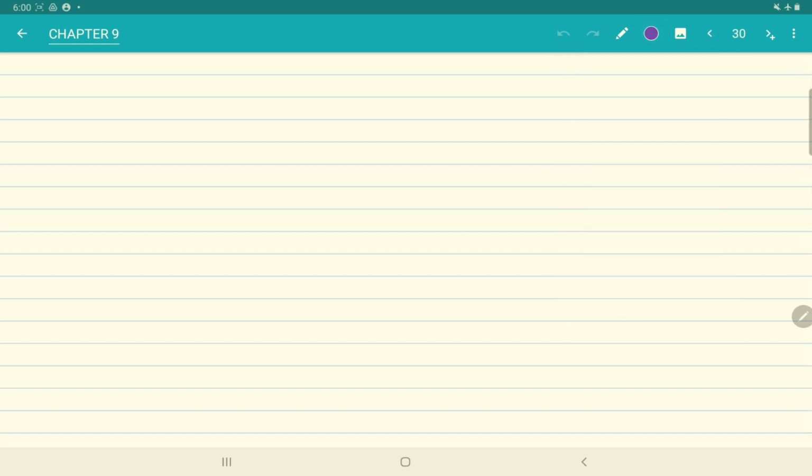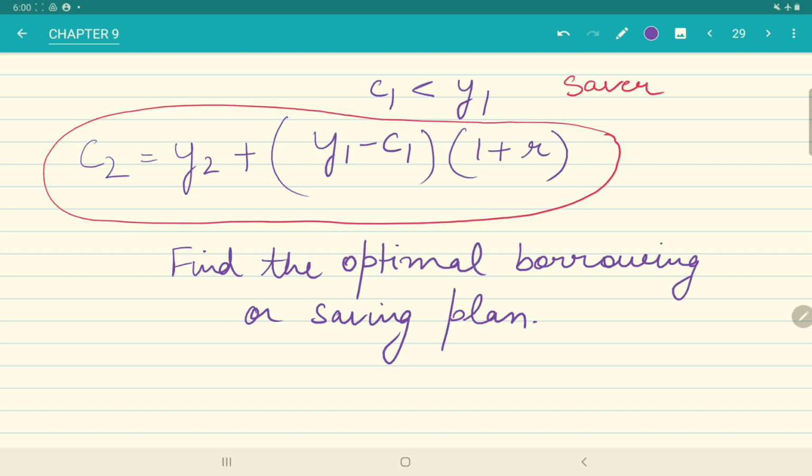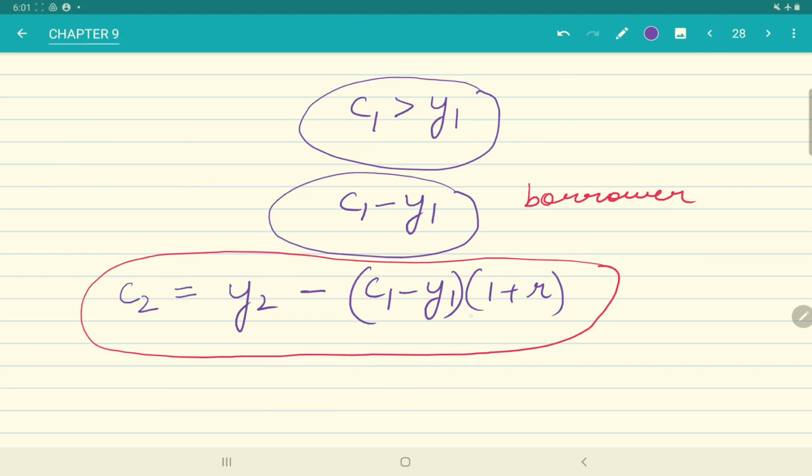Whether the student borrows or whether the student saves, if you just try to solve these two, this is y2 plus this, and this can also be written as y2 minus (c1 minus y1)(1 plus r), and this is exactly equal to this.